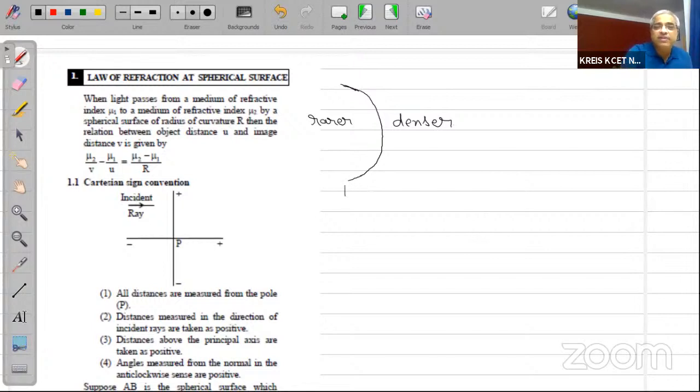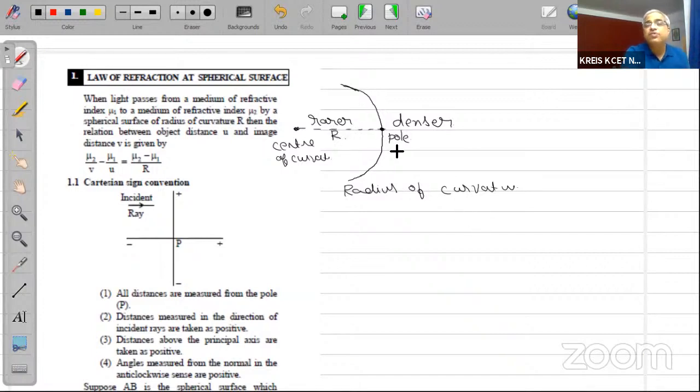For example, the radius of curvature. Then we define the center of curvature. These are things that you are quite aware of. And now there will be a center of this entire refracting surface called the pole. We had defined the same thing in the case of a reflecting surface, no? Very similar here also. Now join the center of curvature and the pole, then this distance is what the radius of curvature is all about.